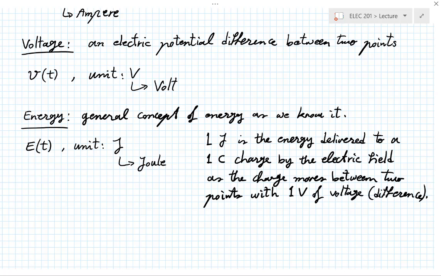Yeah, so that's a very good question. The question is, do we need to keep track of the direction somehow? Which way is the electric field, and is the charge being pushed against the field or by the field? I'm talking about basically just the absolute values here. And I'm saying it's the energy delivered to the charge by the field.